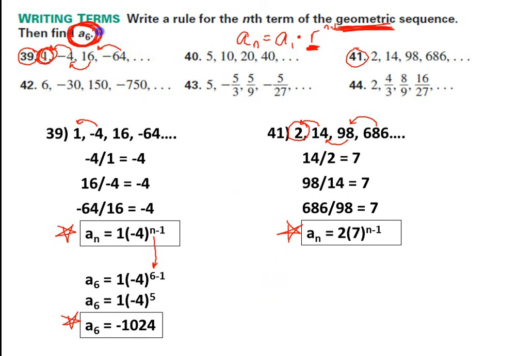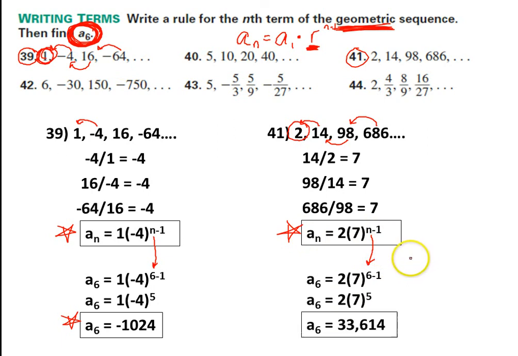Last step again, what's this a sub 6? What's my sixth term? Plug in 6 for n. 6 minus 1 again is 5. 2 times 7 to the 5th power is 33,614. So again, hopefully very familiar to what we did with the arithmetic.